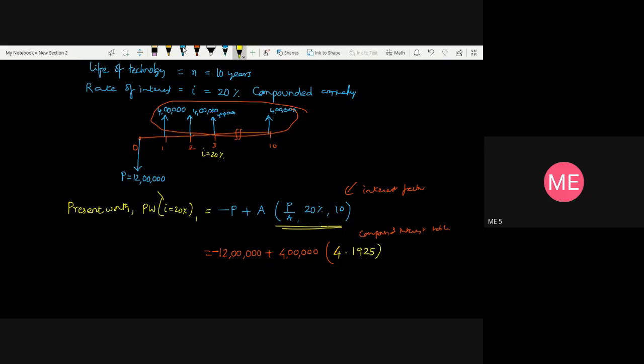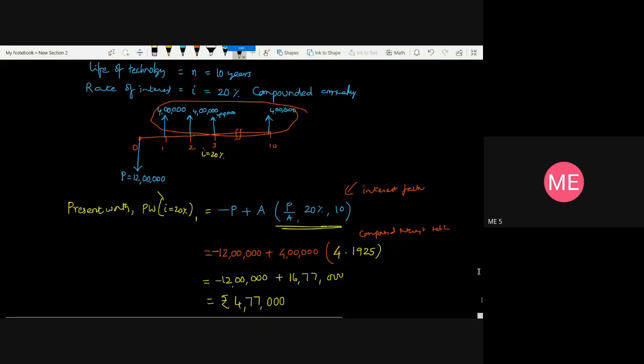So by using this, I'll get minus 12 lakhs plus roughly 16 lakhs 77,000, so I'll get rupees 4 lakhs 77,000 as the present worth of the alternative one.